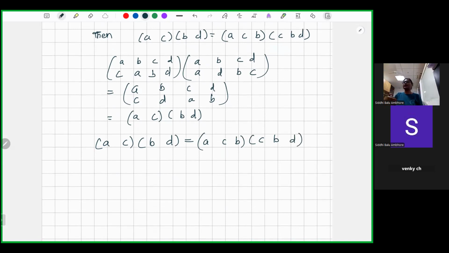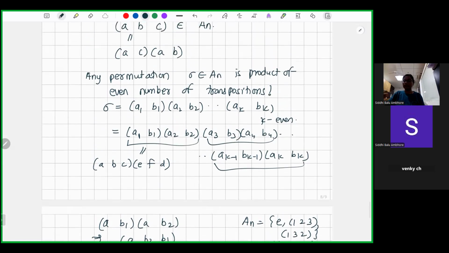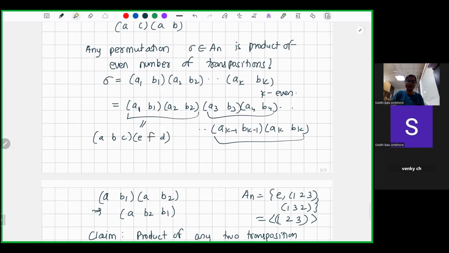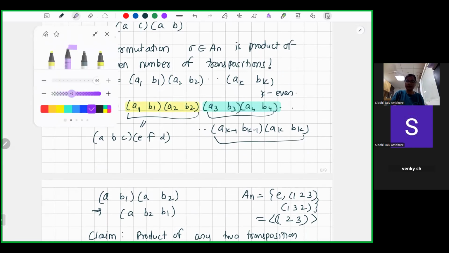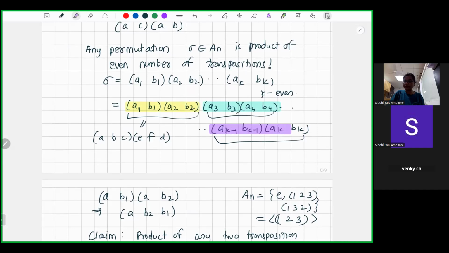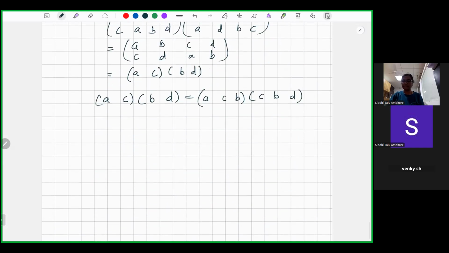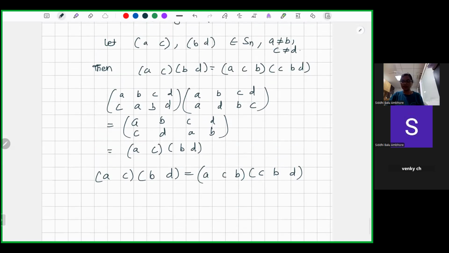And the moment I have that, using this expression, each such pairing, let me just choose this one, each such pair I can write as a product of 3-cycles. And that's what we wanted to prove.